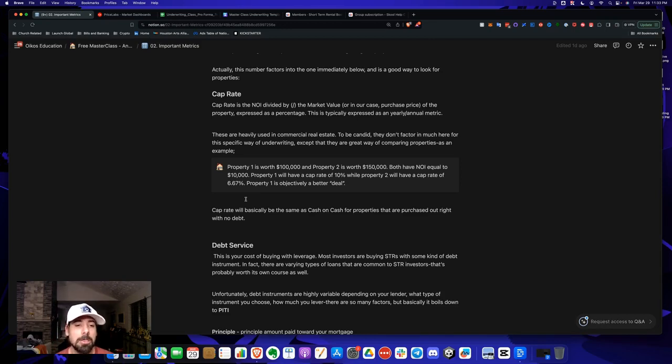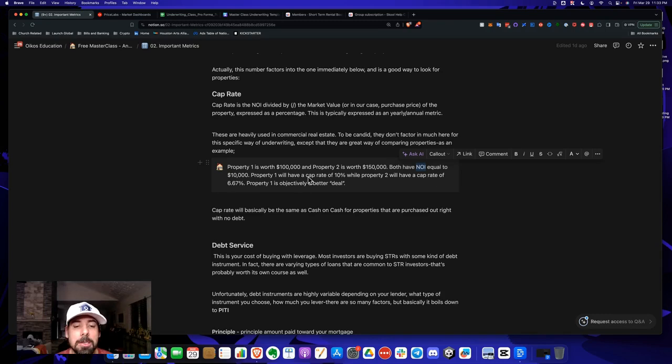So here's a good example. It's used a lot in commercial real estate. Let's say you have a property and it's worth $100,000, and maybe that's what you spend on it. Property 2 is worth $150,000. Both have a net operating income after their expenses. You've got your income, then your operating expenses deducted, then you've got your NOI, and it's equal to $10,000.